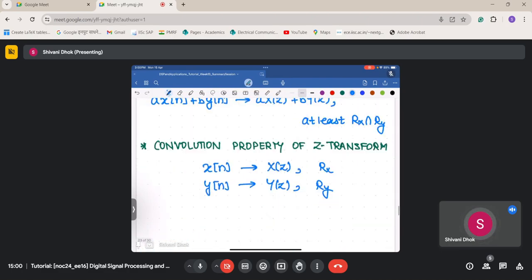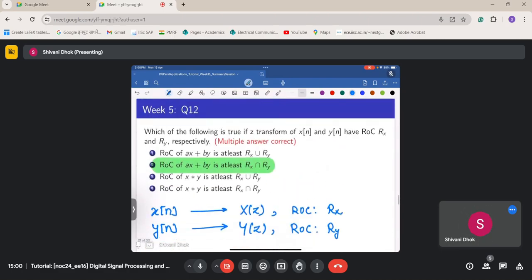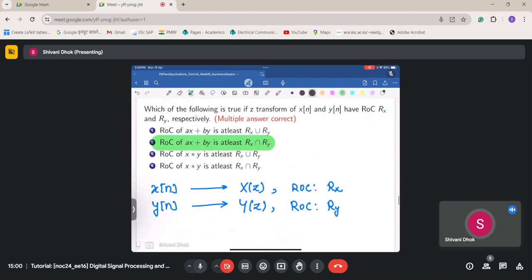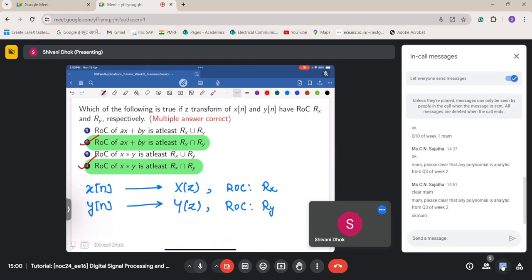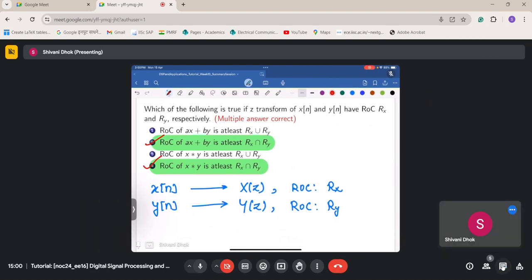So therefore option D is correct. Is it clear? Is this question clear?